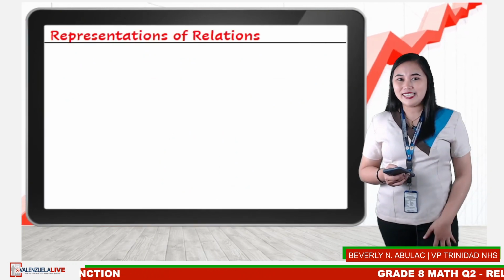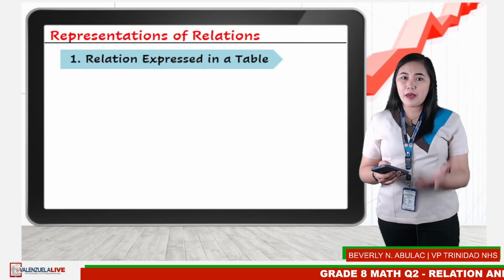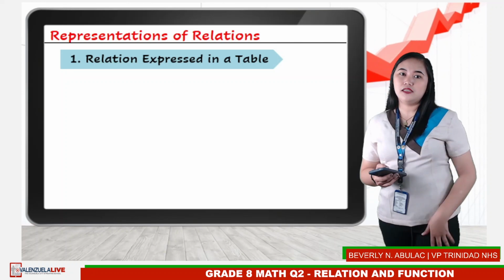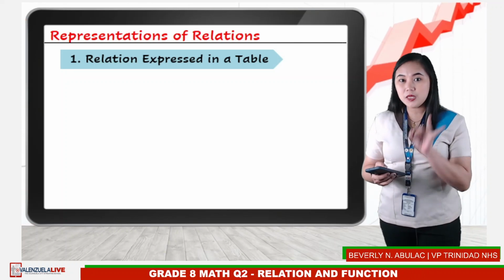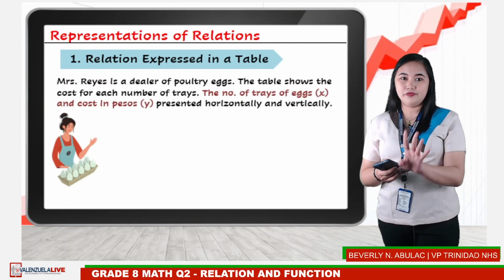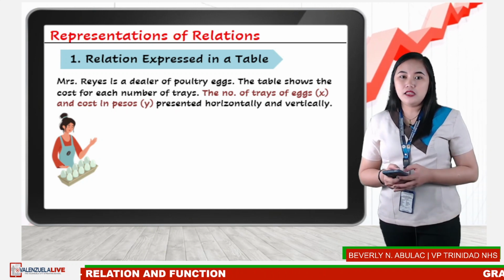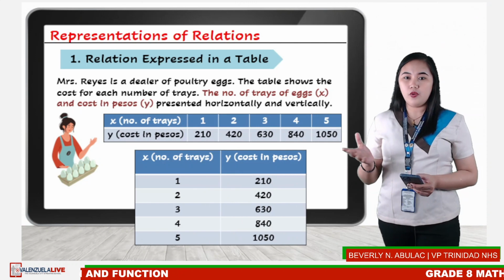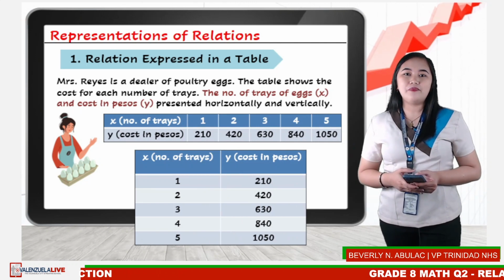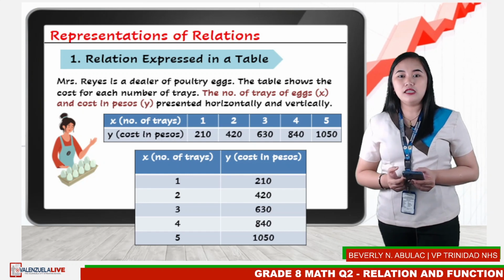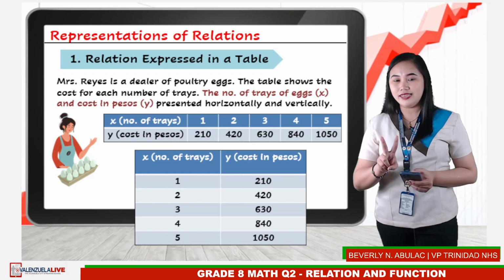Representations of relations. Aside from mapping, a relation may be represented in four other ways: a table, ordered pairs, graph, and equation. First, the relation expressed in a table. The relationship between two variables can also be presented by a table. The table below illustrates the relationship between the two quantities.